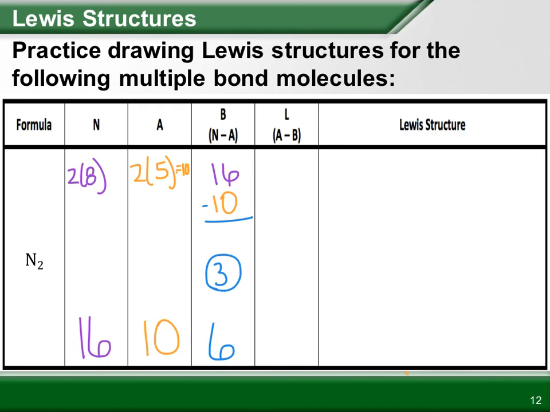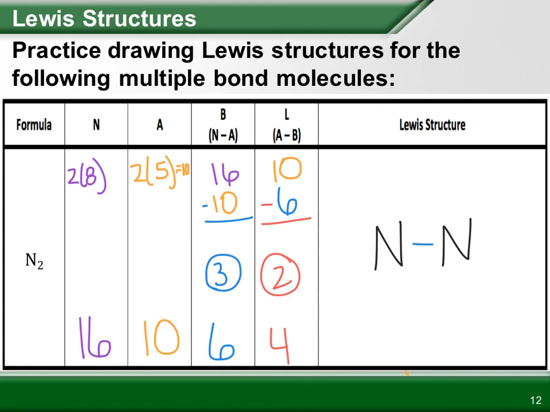Then I'm going to take A and subtract B, and that gives me 4 electrons involved in 2 lone pairs. Setting up my skeleton, since there's only 2 atoms, we're going to do the side by side.